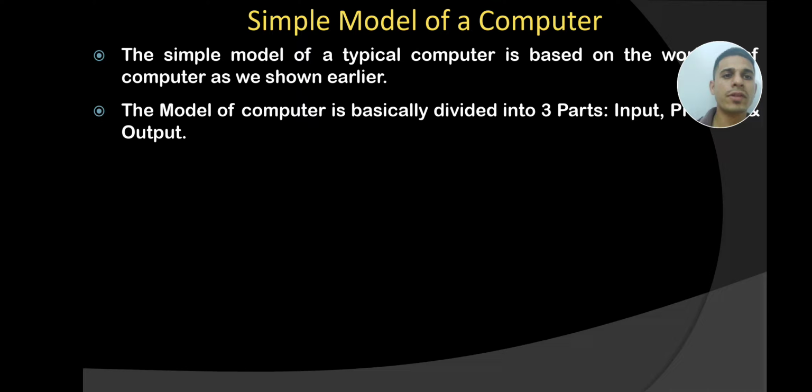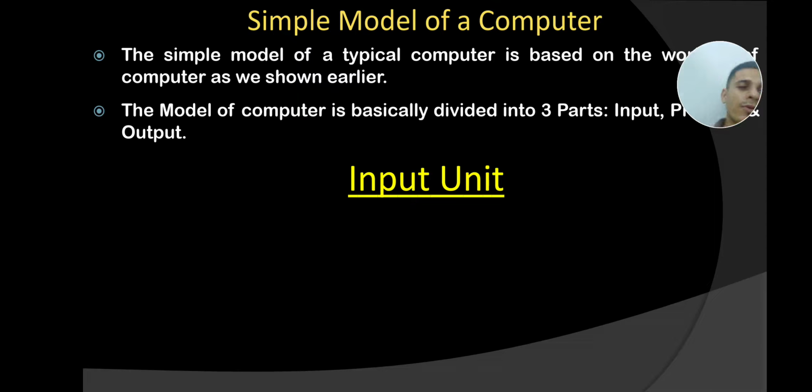So let us begin with the first part, that is the input unit. I know that you are all familiar with these three parts, input, process and output, because from the first standard you started to learn that a computer is divided into three parts: input unit, process unit, and output unit.